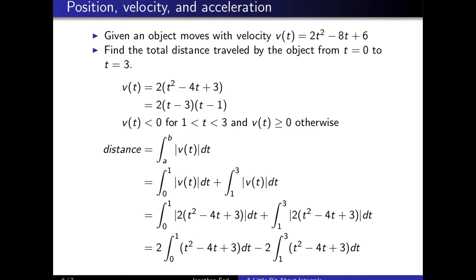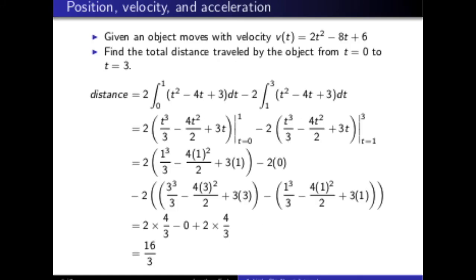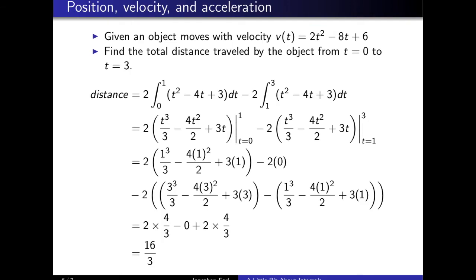And then again, we're going to evaluate these integrals. After a little bit of algebra, what we see is that the integral evaluates to 16/3. So our object moved a total of 16/3 units, so meters, feet, whatever, but went 8/3 out and then 8/3 back. So it started and ended at the same place, but did actually move somewhere.